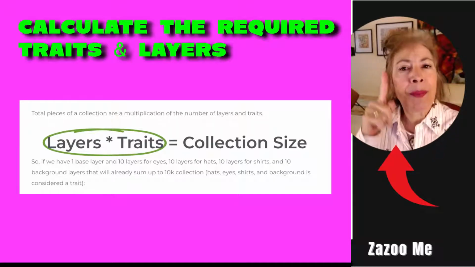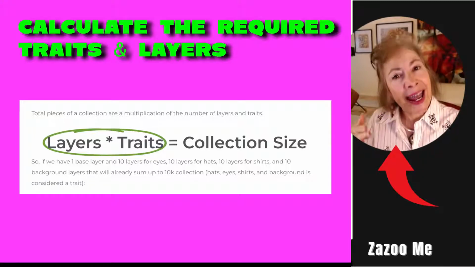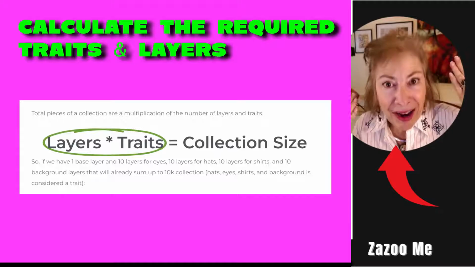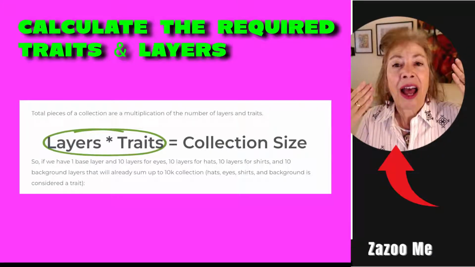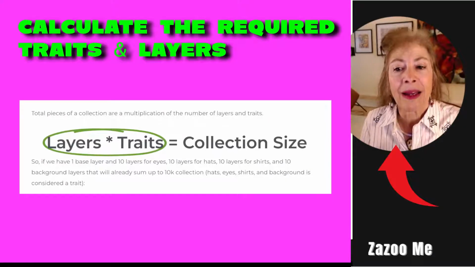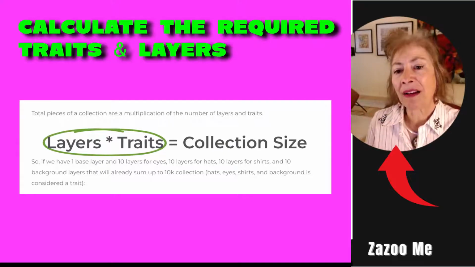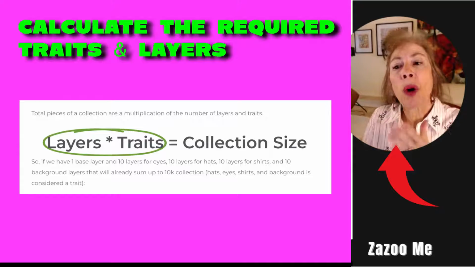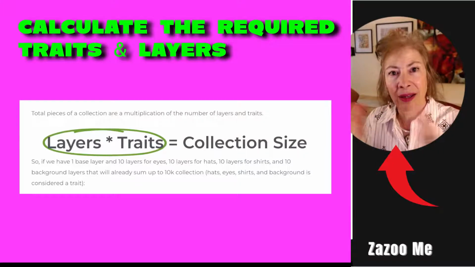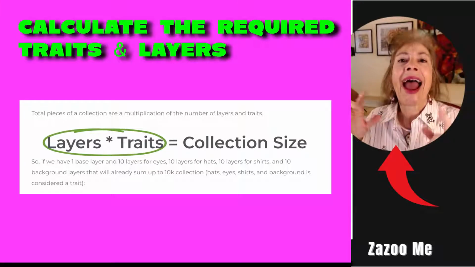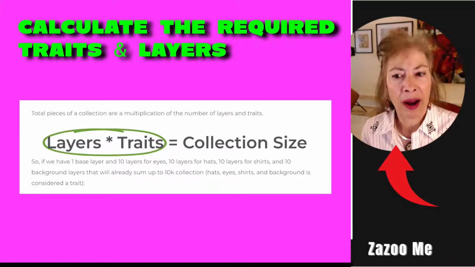If you have one base layer and then 10 layers for eyes, 10 layers for hats, 10 layers for shirts, 10 layers for your background, that will already equal a 10,000 NFT collection if you multiply them. So this is the way that you come up with how many are required.